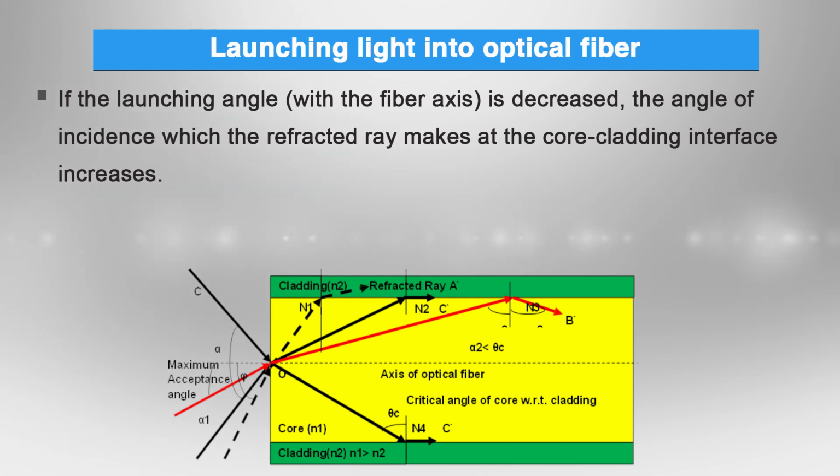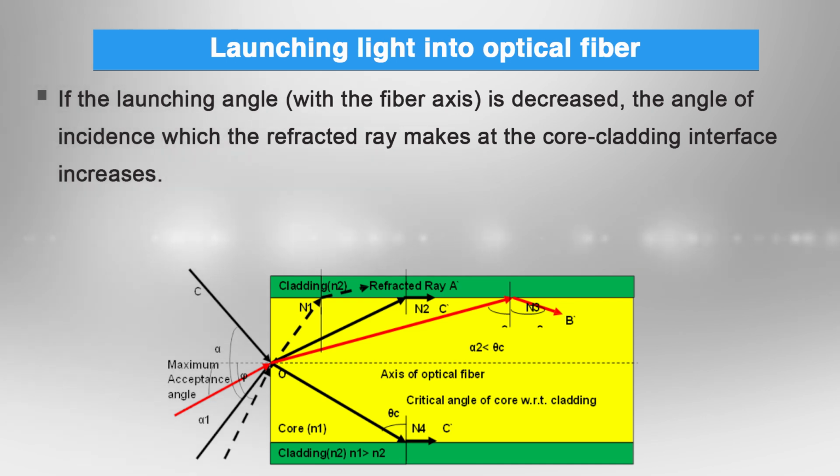The ray CO is launched into the fiber at such an angle alpha that its refracted ray is incident at the core-cladding boundary at the critical angle theta c.